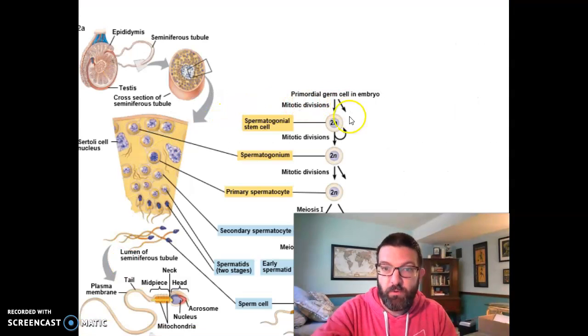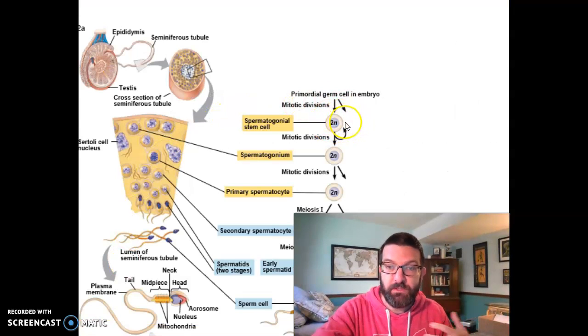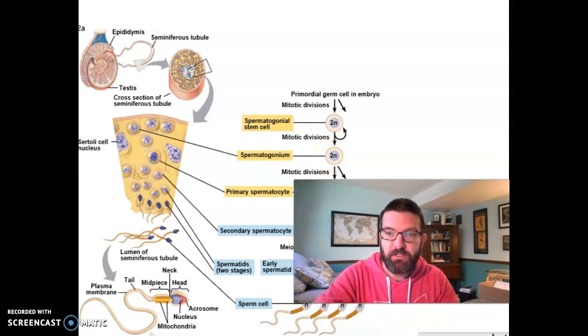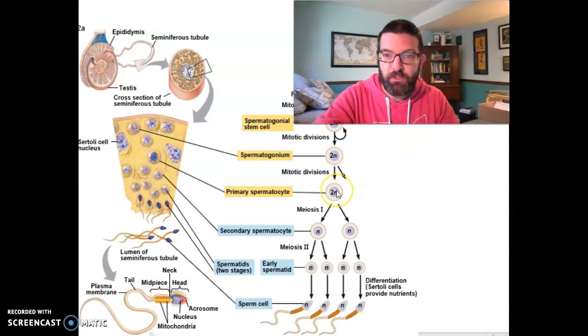So we start off with a spermatogonium, which is the germ cell, the stem cell. It will undergo mitosis and make 2 offspring. One of the offspring will stick around and remain a spermatogonium. The other one will become a primary spermatocyte. And that primary spermatocyte will undergo 2 rounds of meiosis, which you should be familiar with from last semester.